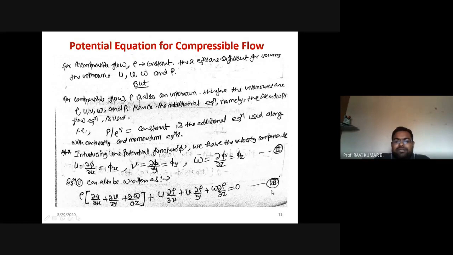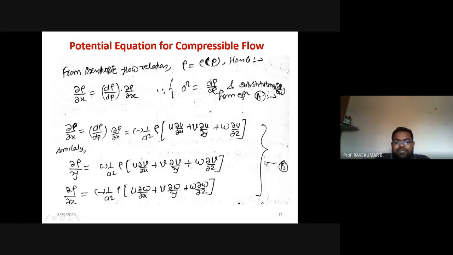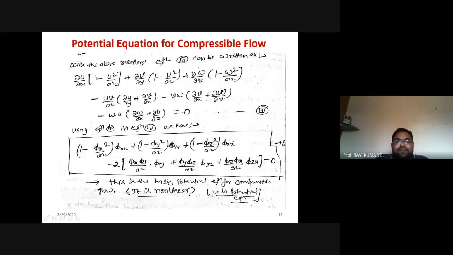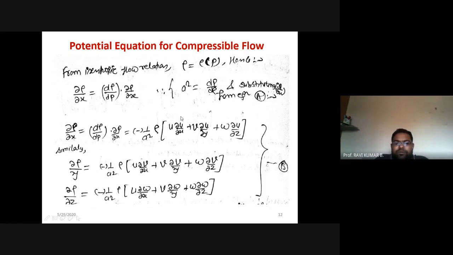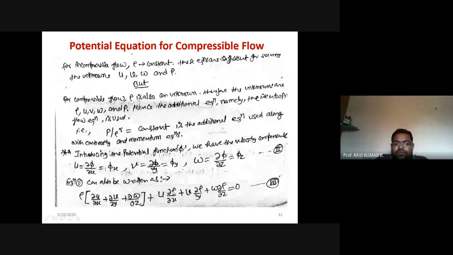So if we combine these 3 in equation B, if we club them together, we can get the fundamental equation here in terms of u, v. A single equation I can get if I substitute the value of this complete ∂p/∂x and everything here, ∂ρ/∂x, ∂ρ/∂y and ∂ρ/∂z.